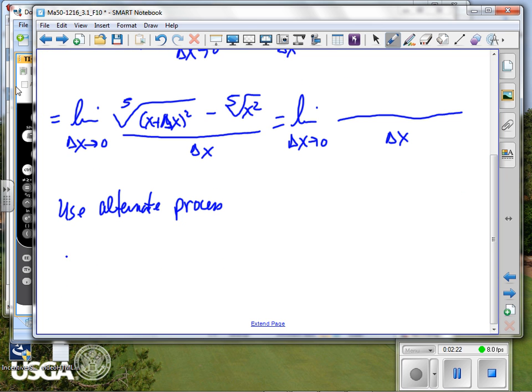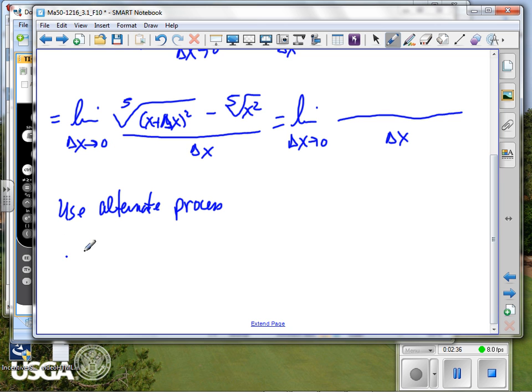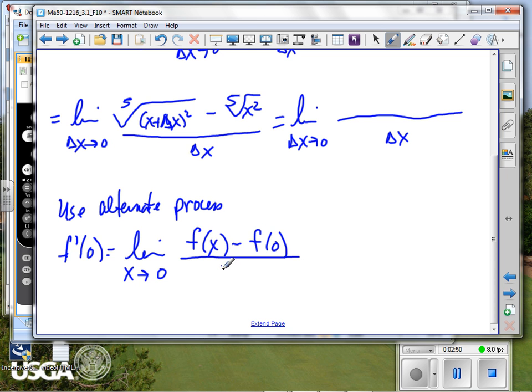And now let's go back and let our graph help us. We said that something seems to happen at x equaling 0. Let's try that and see what happens here. So let's take the derivative at 0 as the limit as x approaches 0. Remember that alternate format? It will be f of x minus f of 0 divided by x minus 0.